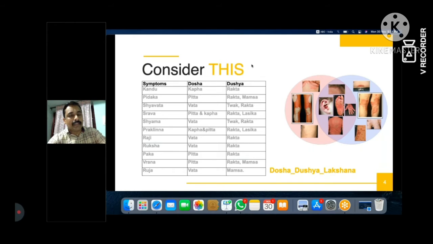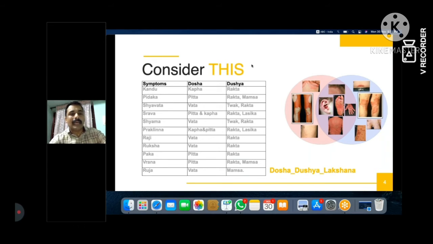In shyava, the blackish or blackish red color is associated with vata, tvak and rakta. Tvak means it is nothing but the rasa. And srava: pitta and kapha dosha involvement will be there, associated with the rakta and lasika. And shyama: vata, tvak and rakta. Shyama is blackish in color.